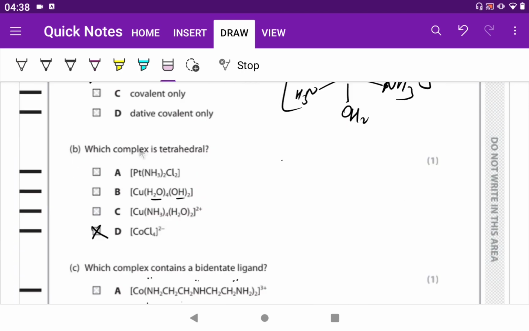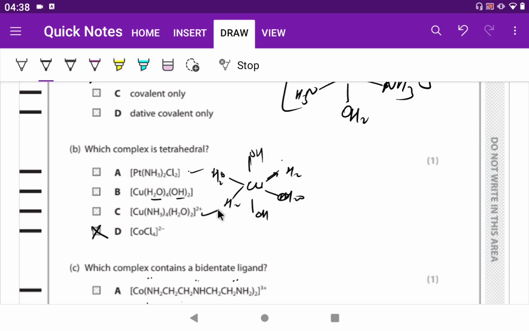Now part B, which complex is tetrahedral? So this one is square planar. This one is copper with 4 H2O groups and 1 OH group, so it's nothing but square bipyramidal.